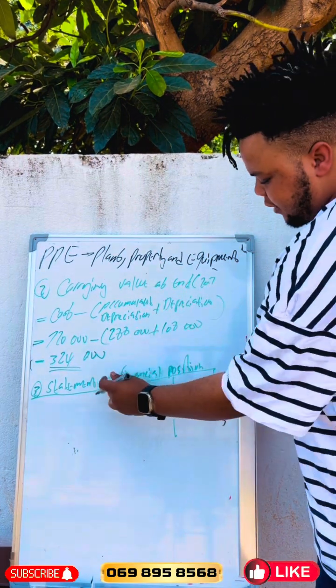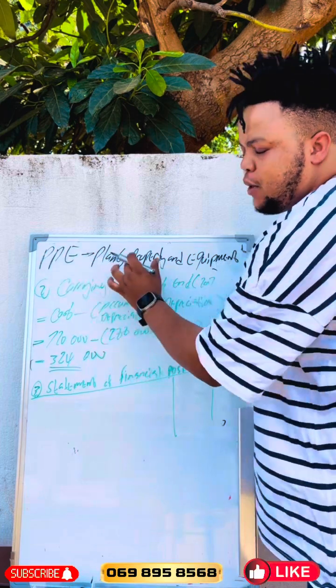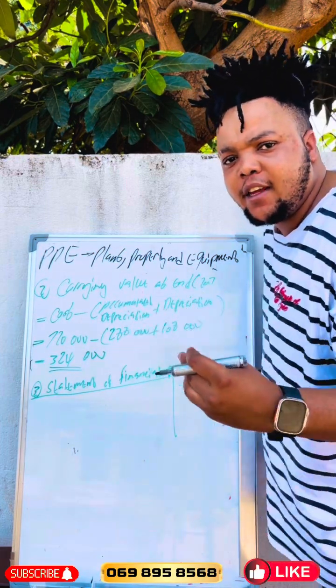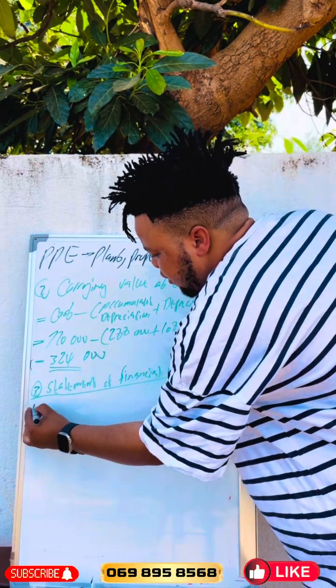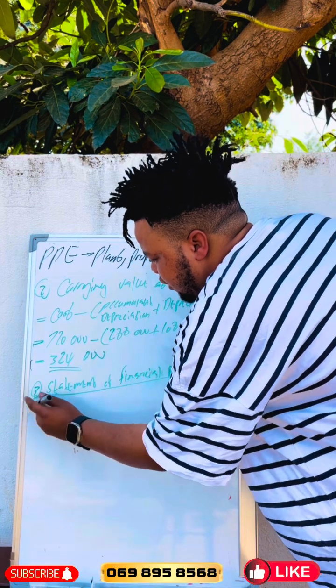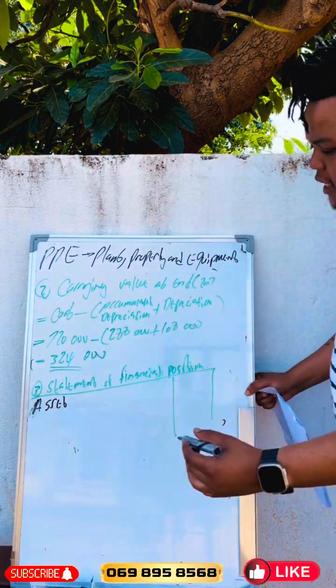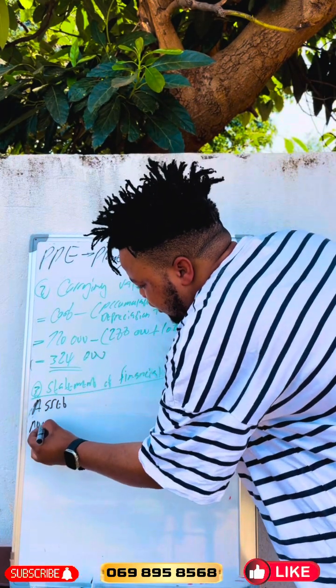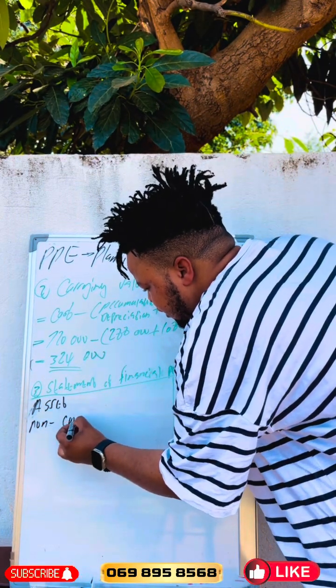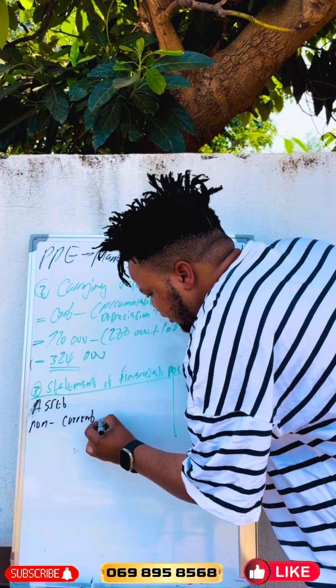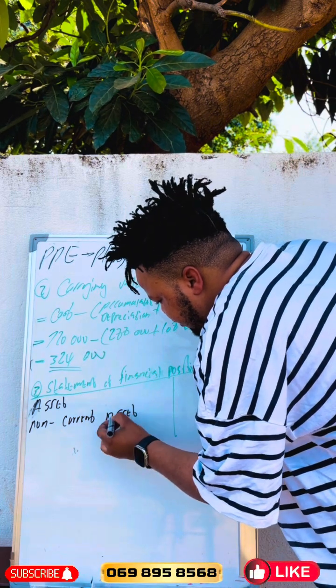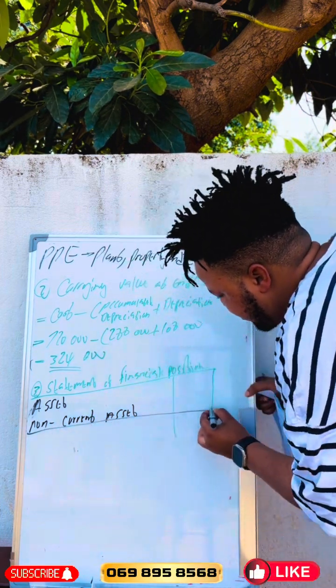So statement of financial position, meaning that PPE is what? PPE is NCA, non-current assets. Meaning that first of all, you put the assets as our main heading, and then you put non-current assets. And then you do like this.